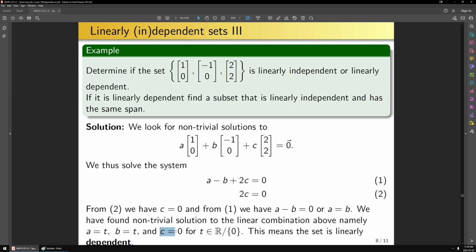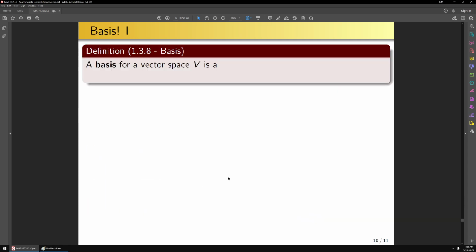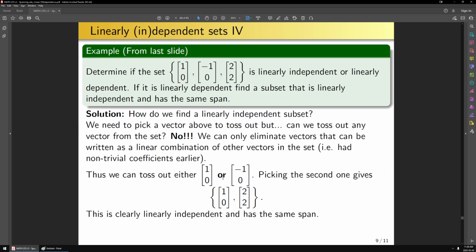I cannot throw away the vector associated with C, but I can throw away all vectors other than one of them that are associated with the parameter t. Namely, I can throw away this one or that one. Okay. And I'll just throw this up. You can pause the slide and look through it here, but this is what we just talked about in words previously. And leave that up for a little bit longer.